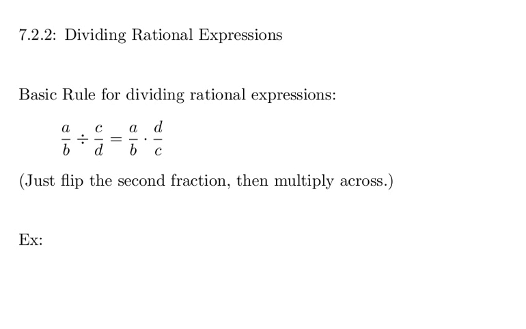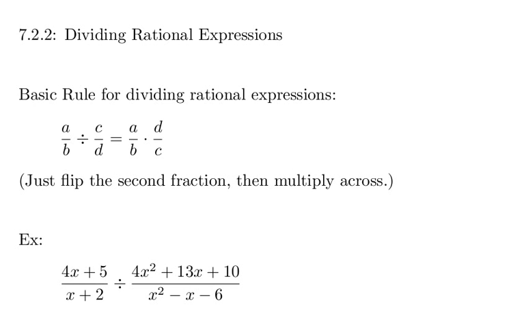So for this first example, we'll have 4x plus 5 over x plus 2 divided by 4x squared plus 13x plus 10 over x squared minus x minus 6.